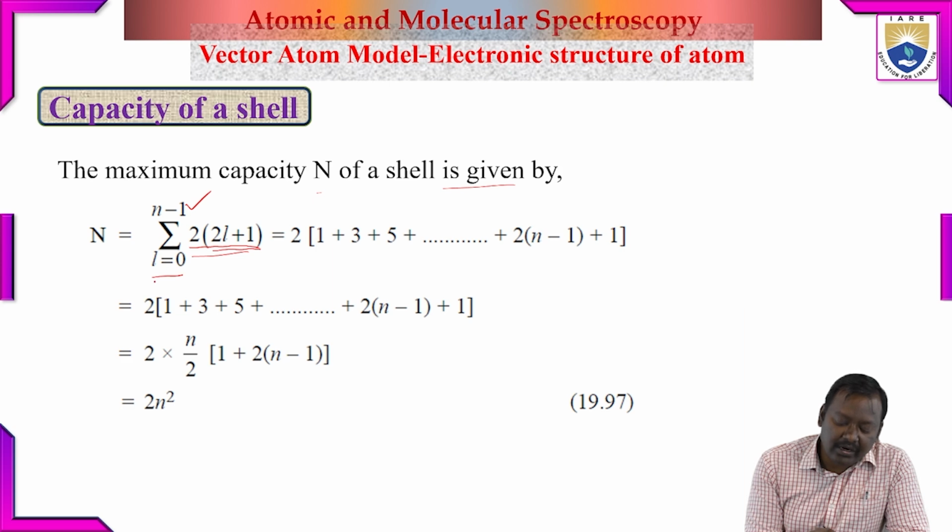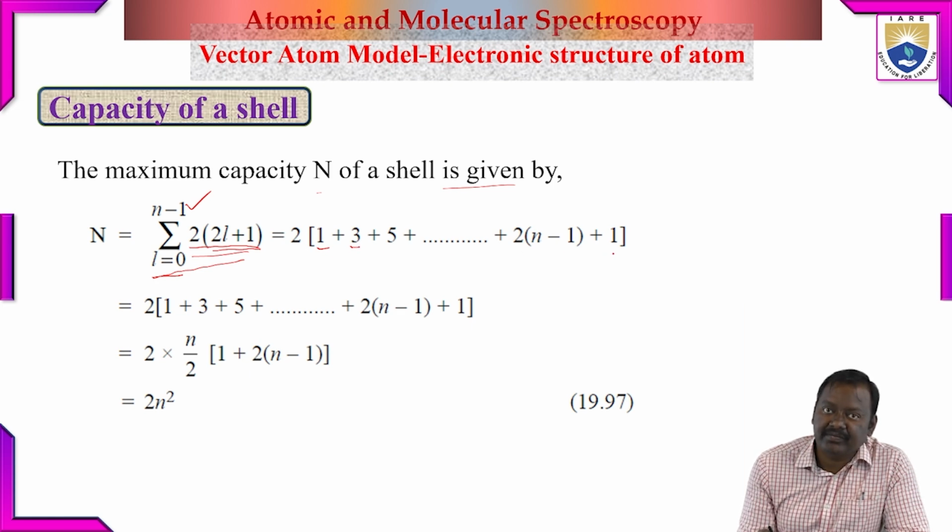So the total number of electrons in a shell is the summation of 2 into 2l plus 1 from l equal to 0 to n minus 1. For l equal to 0, 2 into 1; for l equal to 1, 2 into 3; and similarly we can find the others.